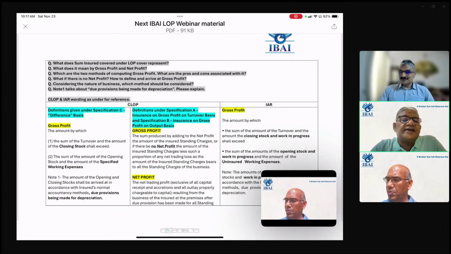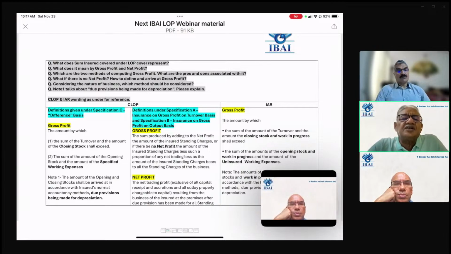Ashok ji, what does the sum insured covered under LOP policy cover represent? In the material damage policy, we talk about reinstatement cost, reinstatement by a new item, for any item like building, plant and machinery, stock; it is never depreciated.